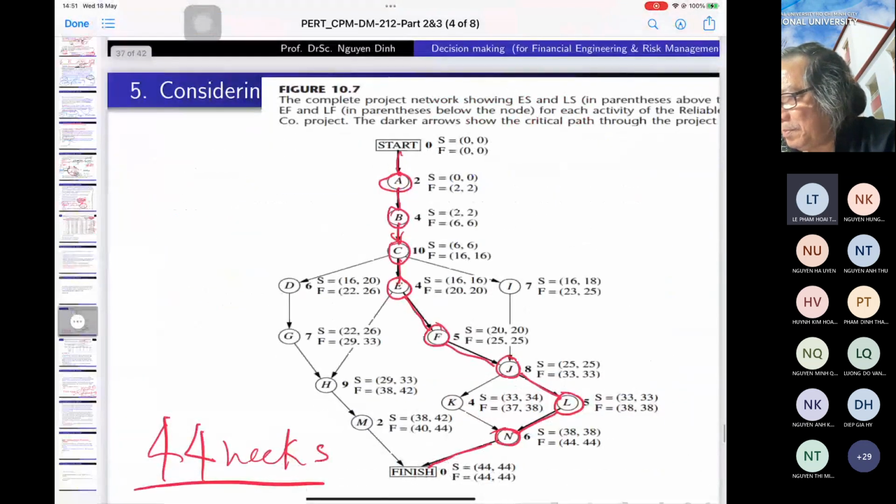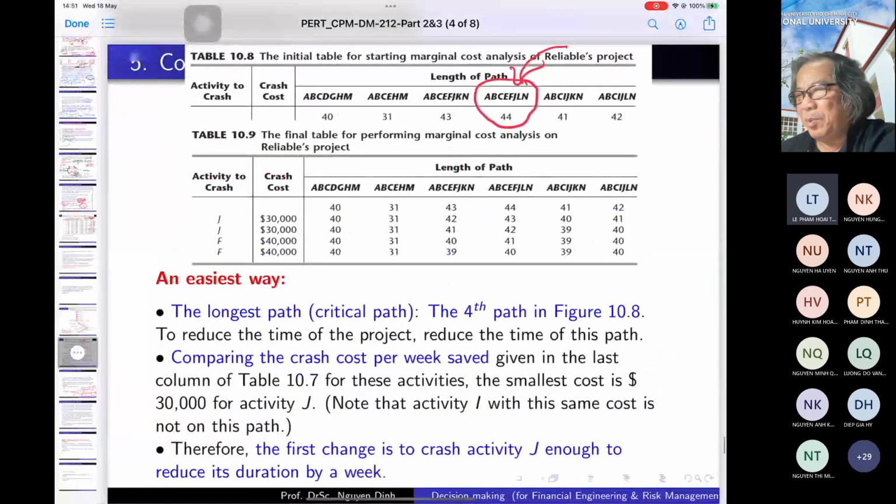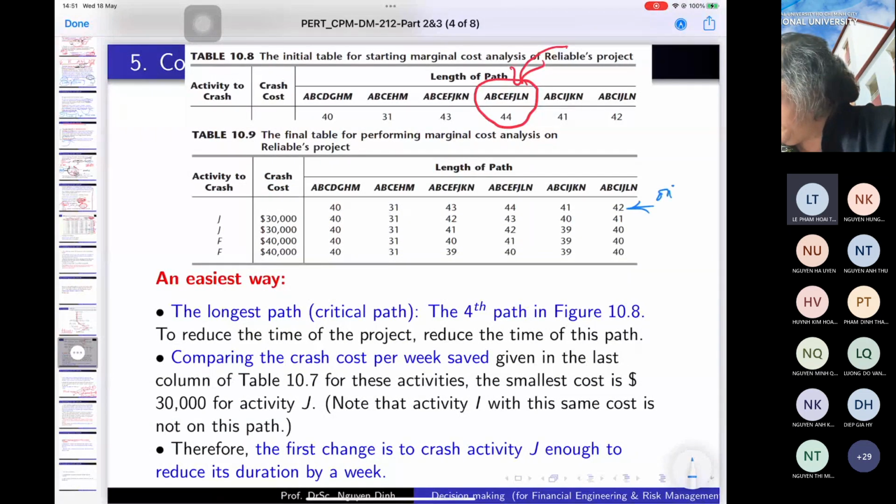Look at this table. We have another table. This is the original. There are some paths: the first path, second path, third path, fourth path, fifth path.